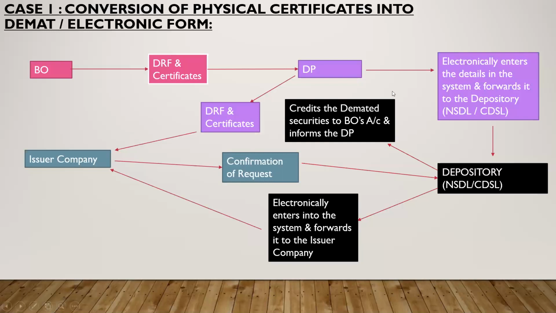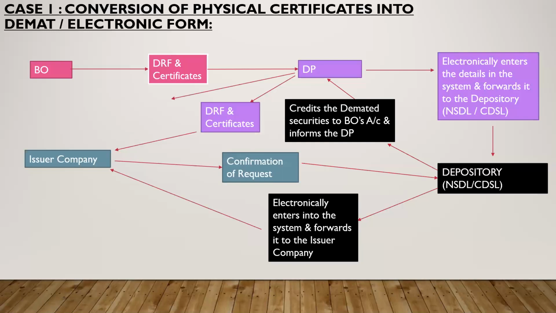So that means the BO's account will be credited. Okay, so the BO's account will be credited with the dematted securities, and that will be done by the depository. And once the depository does that, it will also inform the DP about it. So DP को information मिल गया है.